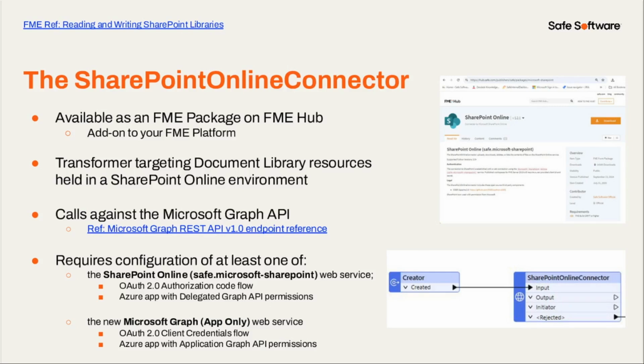If, however, you do not have a valid Microsoft username and password, or your Azure registered app has application Graph API permissions applied, then you would need to make use of the Microsoft Graph app-only web service, which again is new for FME Form 2024.1. It's just important to keep those two web services straight, because if you configure the wrong one or you use the wrong one, you will get OAuth errors showing up when testing your web service.